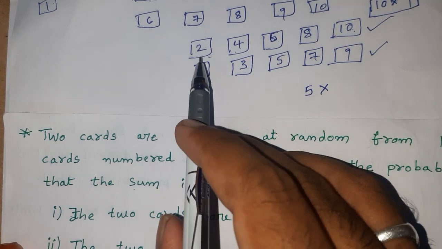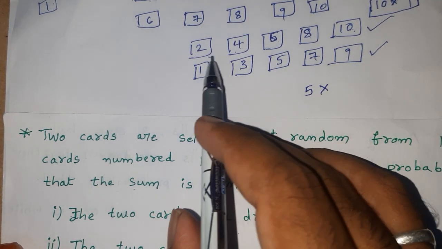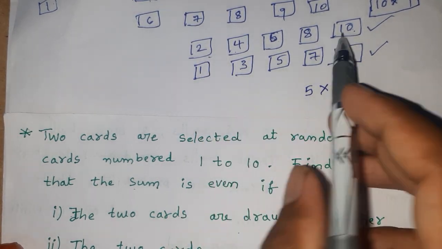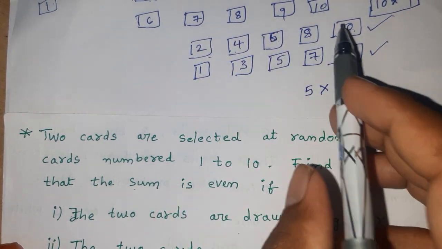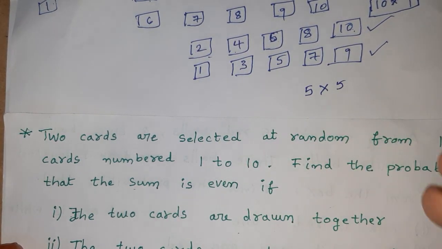Again, we have to put it in the same place. Now, there are again 5 chords. Therefore, we have to select among these 5 chords. 5 ways are there. 5 into 5.